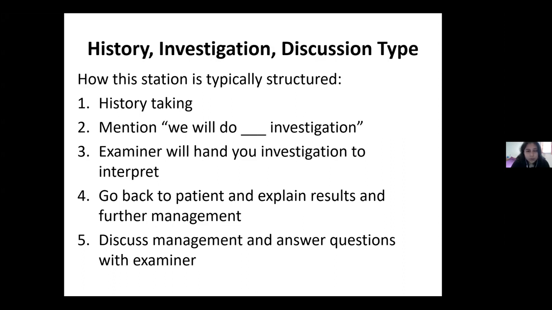So you go to your patient and you say, thank you for talking to me. Based on what you've told me and based on the results of the investigations that we've done, I think you have a small bowel obstruction. If they ask, doctor, what's that? It means that your bowel is not moving as it should. And we're going to do certain things to try and keep you stable.